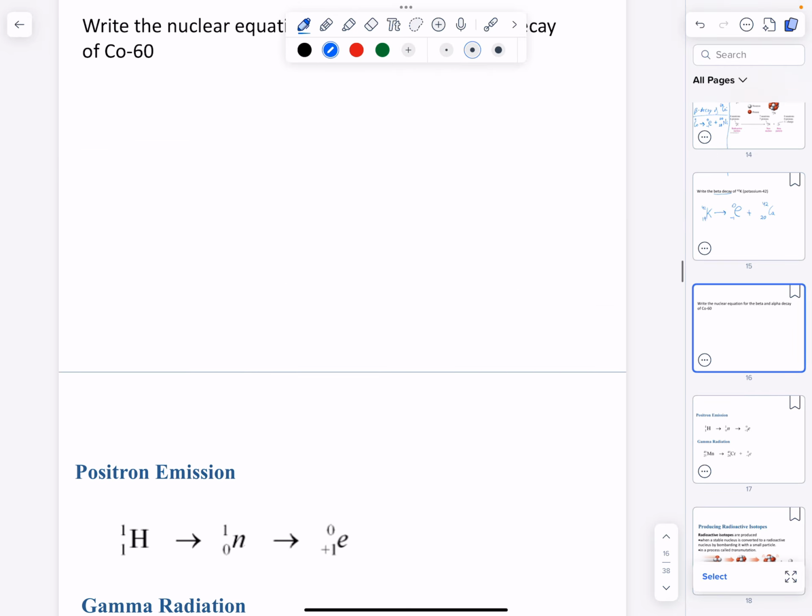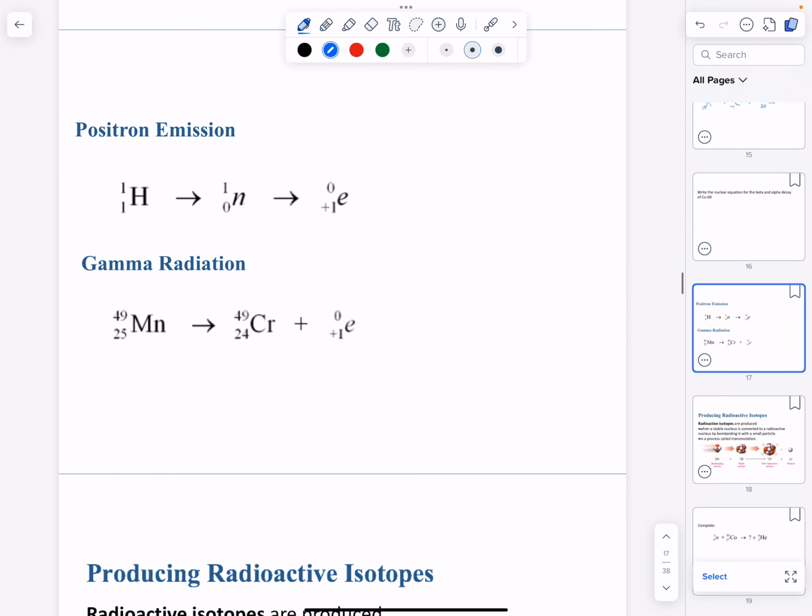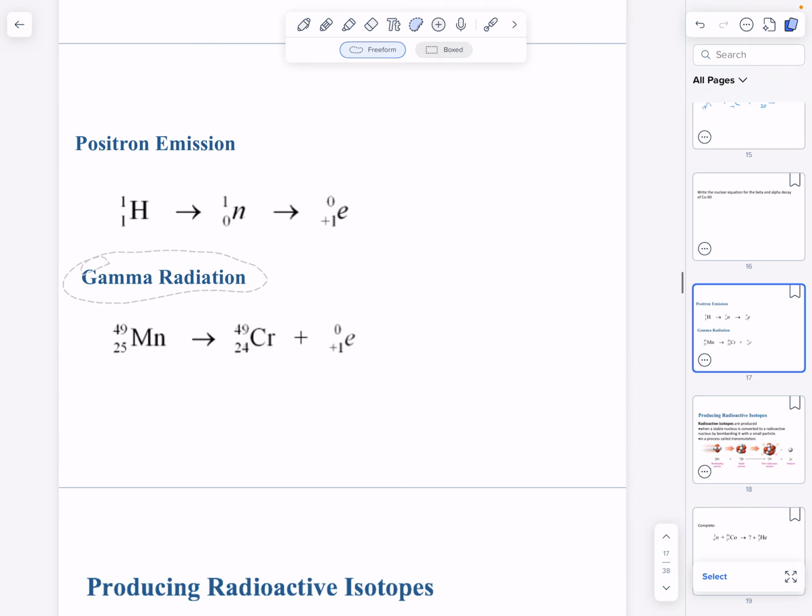Now we have positron emission. Positron emission is the same concept. This is wrong, and it doesn't let me move it, so forget about it.